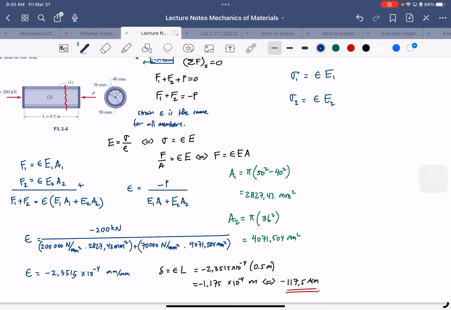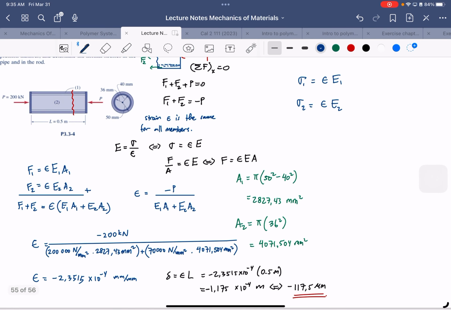So multiply with GPa 200,000 is 47. So negative 47.